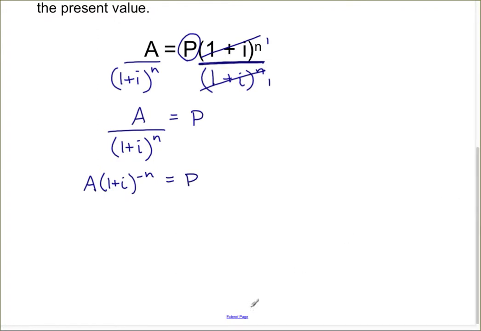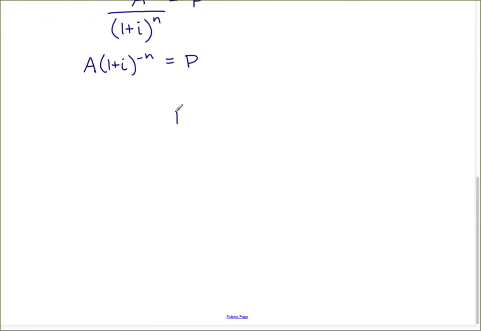Now this looks a whole lot more like the formula we've been using with compound interest. The P and the A have switched places, and I have a negative exponent instead of a positive exponent. This n is still the number of compound periods.